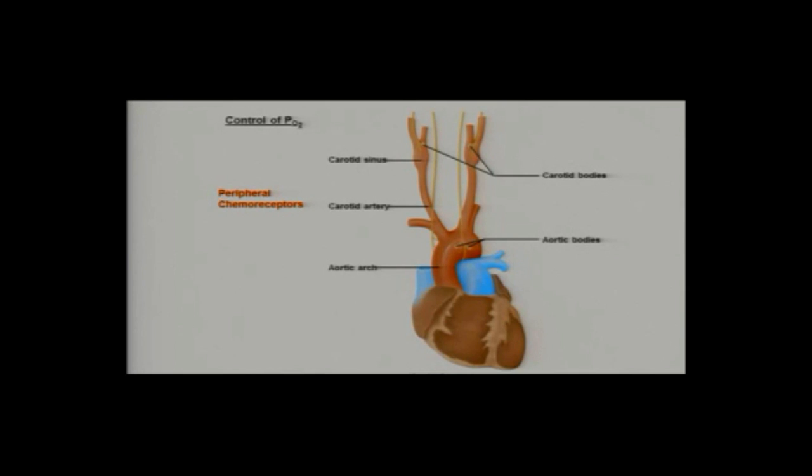The PO2 of blood, so the partial pressure of oxygen in the bloodstream, especially in arterial blood. So the PO2 of arterial blood, the PCO2 of arterial blood, and the pH of arterial blood. These are the 3 pieces of information. Obviously, PO2 is important because PO2 determines how much oxygen can bind to hemoglobin, which is then going to determine how much is in your blood, right?